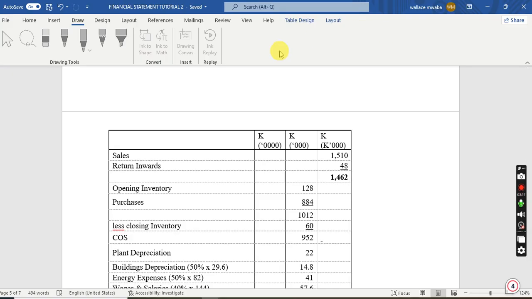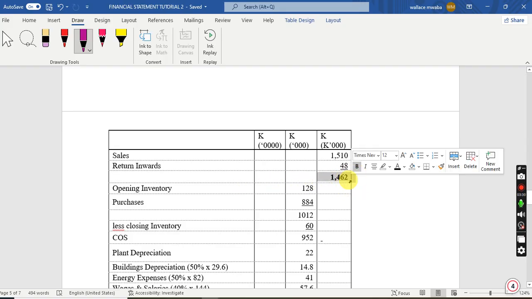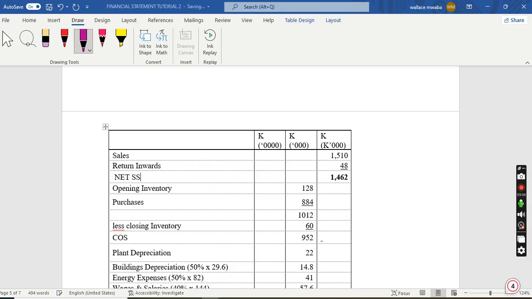Any questions before we go to the next section where we have to now get our cost of goods sold? Or you want to know what we call this 1462? You call it net sales.